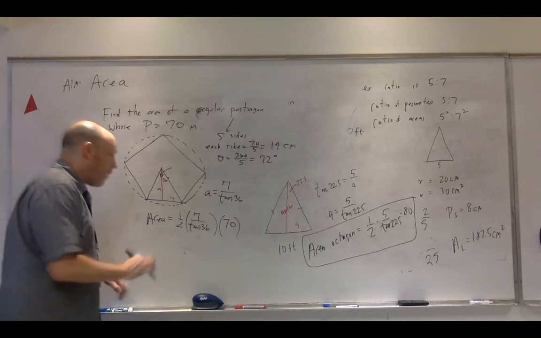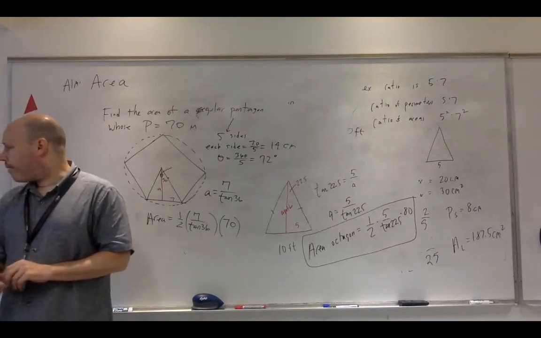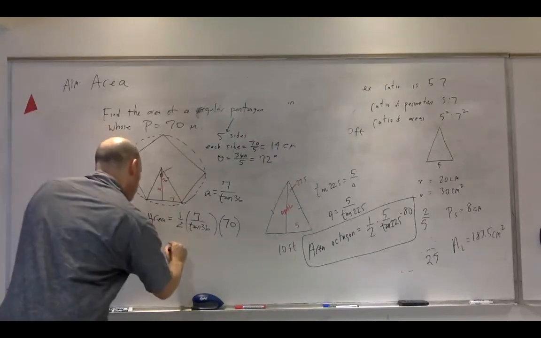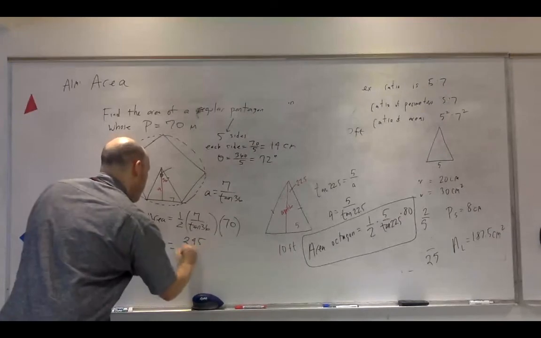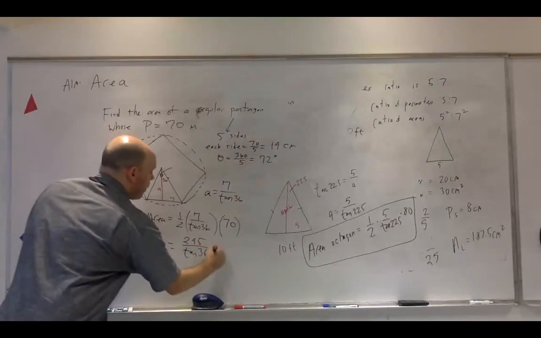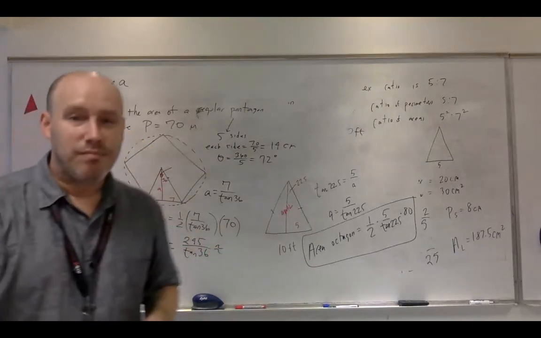And so what do we have here? 35 times 7. Hey Siri, 35 times 7. 35 times 7 is 245. So 245 divided by the tangent of 36. And whatever that comes out to, that's the area of your pentagon. Nice.